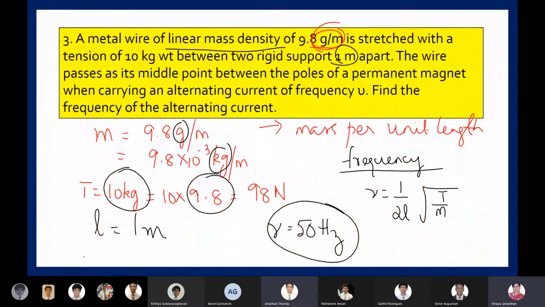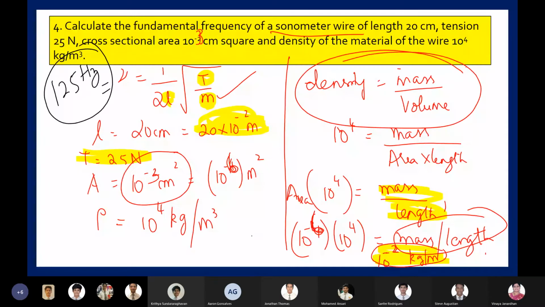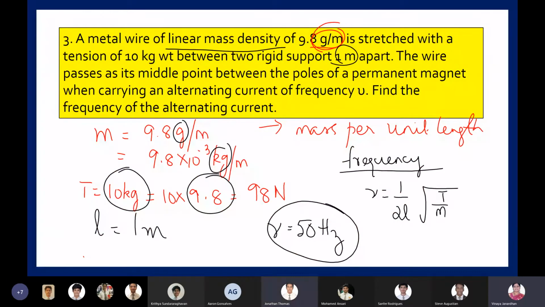Have we completed all these? I don't think so, ma'am. No, we haven't. Did we start at least with this third one, a metal wire of linear mass?